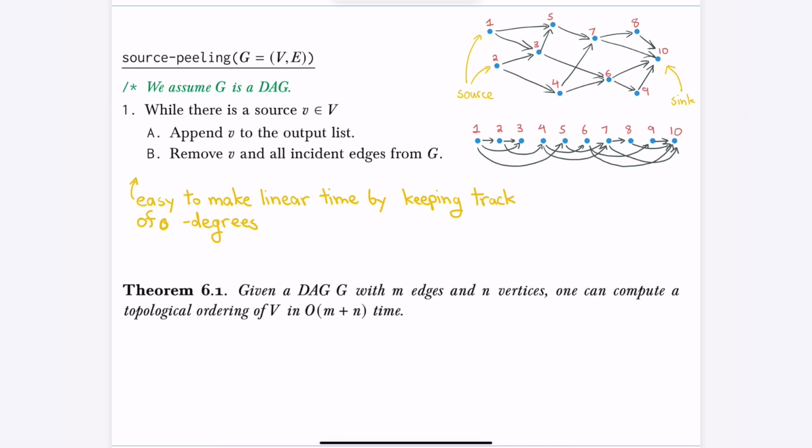So you might say, oh, initially I'll count up for every vertex how many edges enter it. It should be in degree, I'm sorry. And you say, oh, a source is anything with 0 in degree. And I remove a source. When I remove a source, I delete some edges, and I can go to those vertices and update their in degrees, which go down.